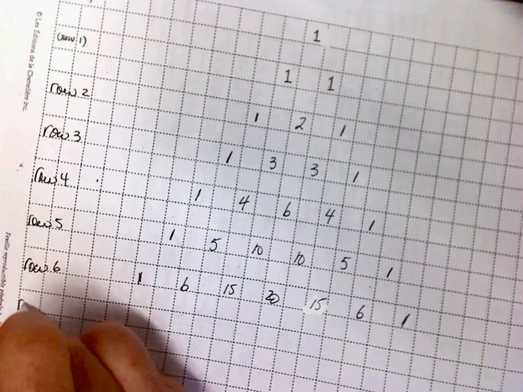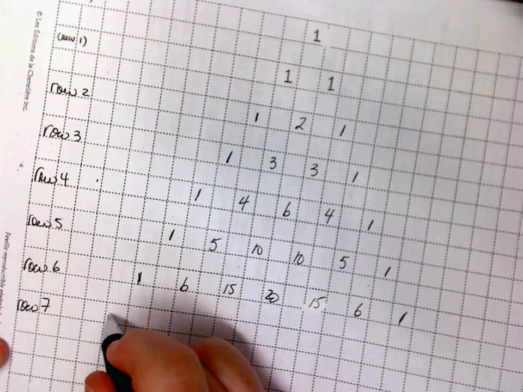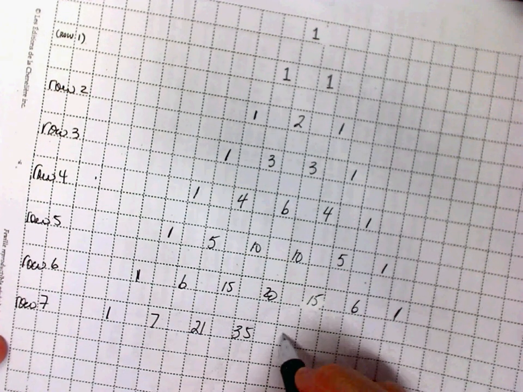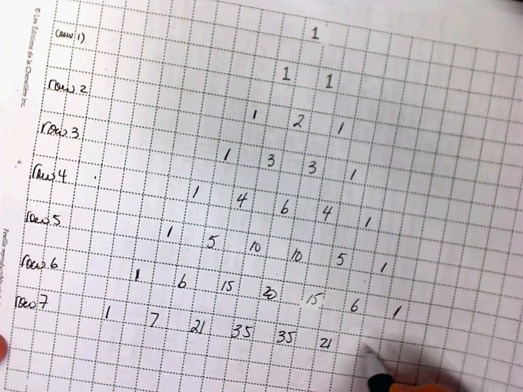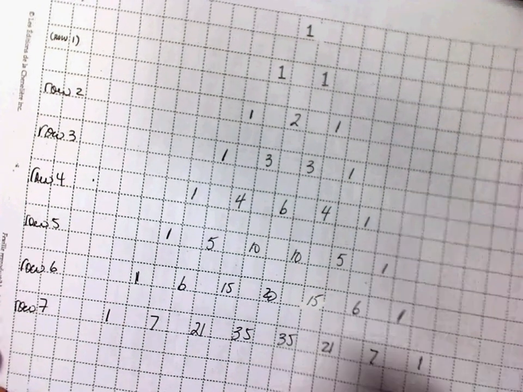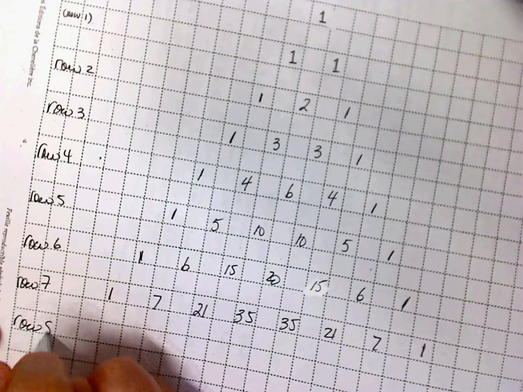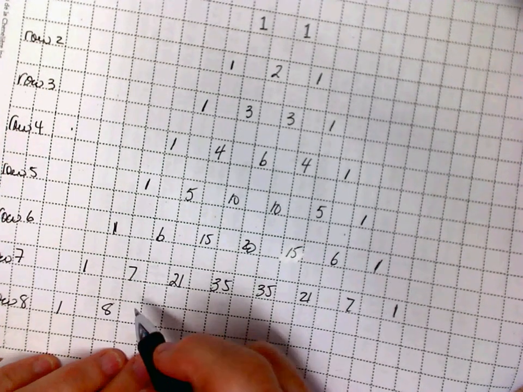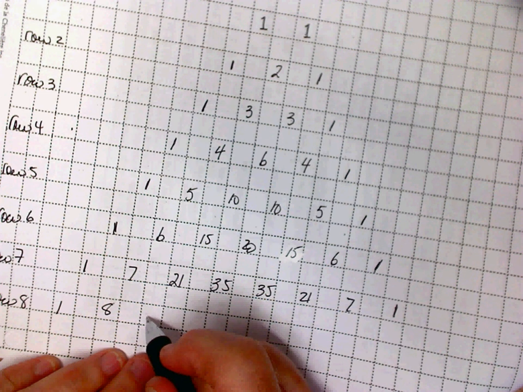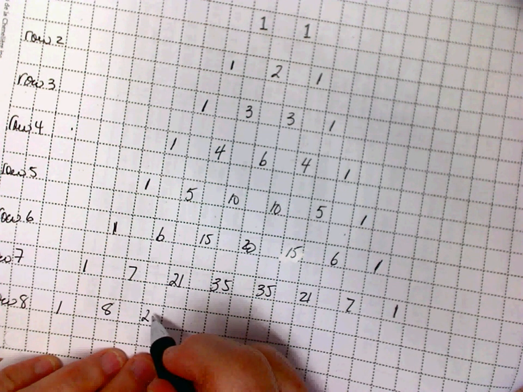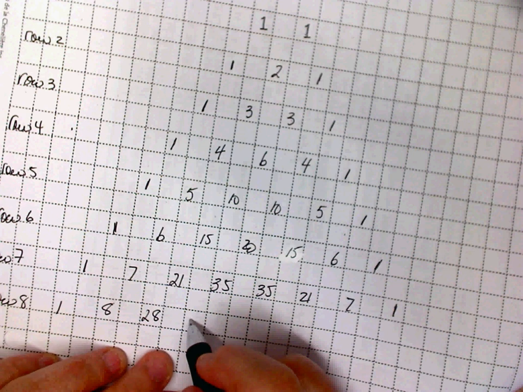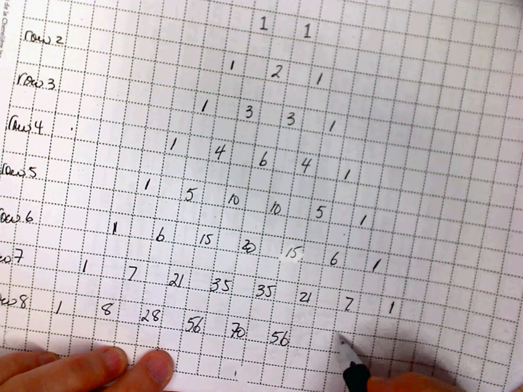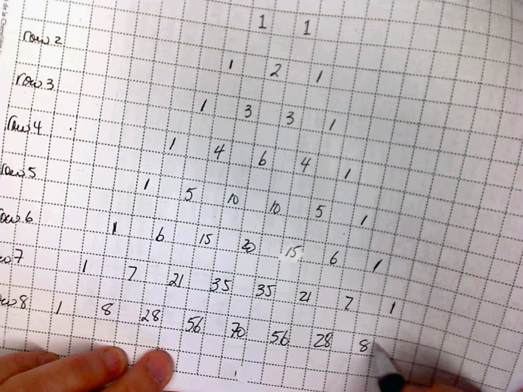Row 7: 1, 7, 21, 35, 35, 21, 7, 1. Row 8: 1, 8, 28, 56, 70, 56, 28, 8, 1.